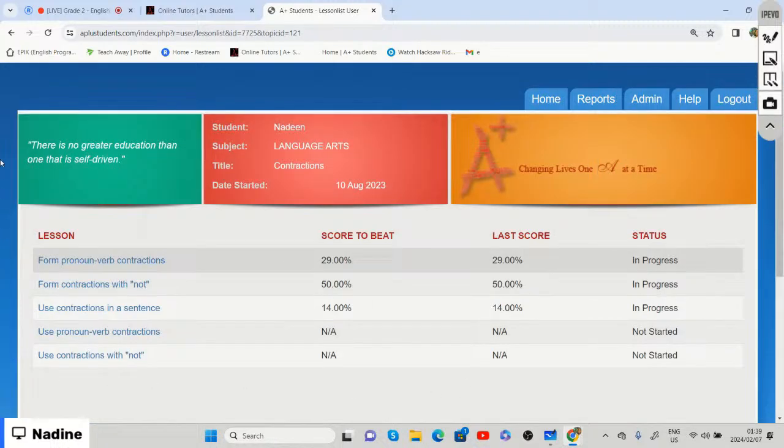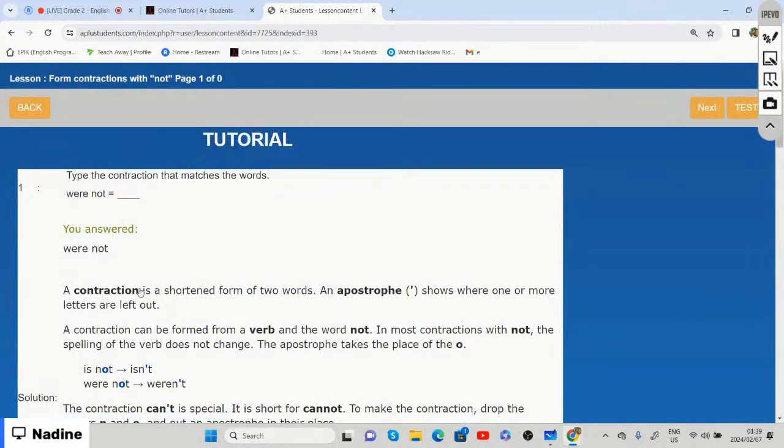All right, so now we're going to form contractions with the word not. So we need to shorten these words, find the contraction of were not. How do we shorten were not?